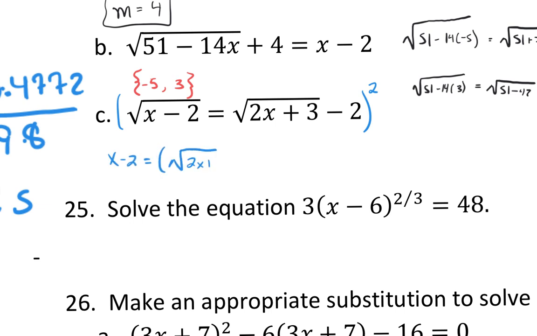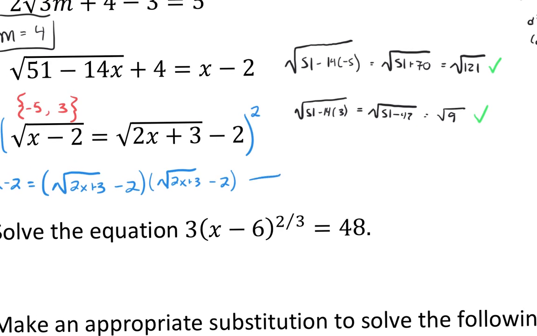We can have root (2x plus 3) minus 2, whole thing squared. That's the same as saying this, right? So we're going to have to FOIL this. First term times first term, that is going to be, let me write this over here.